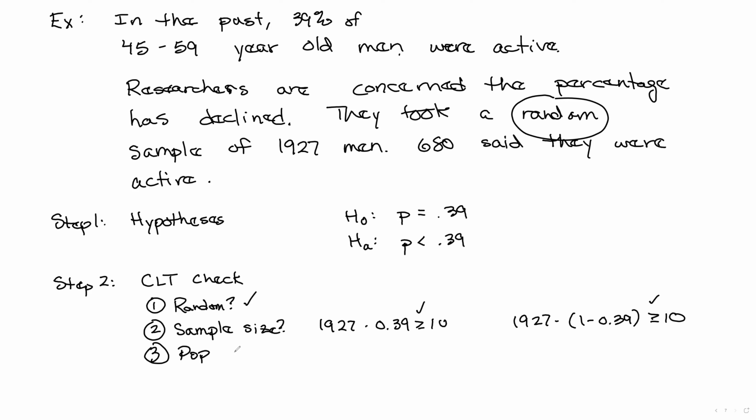Step three, population size. All men, I guess not all men, but 45 to 59-year-old. It's definitely greater than or equal to 10 times 1927. There are definitely more than 19,270 45 to 59-year-old men.